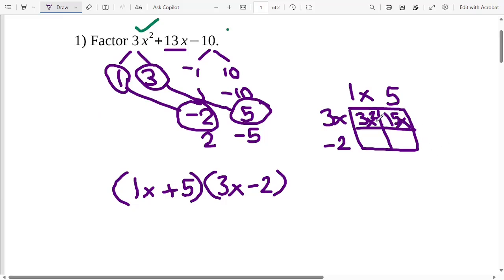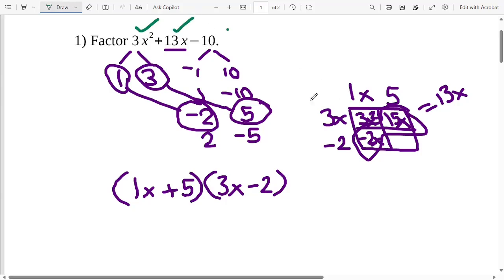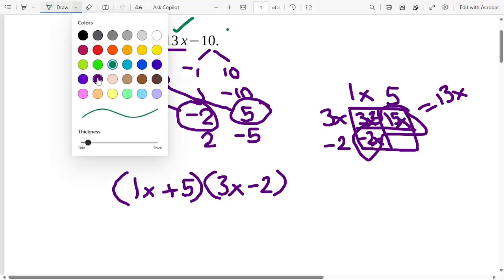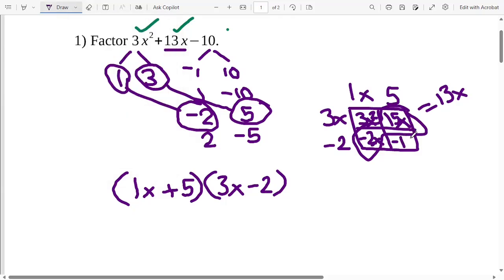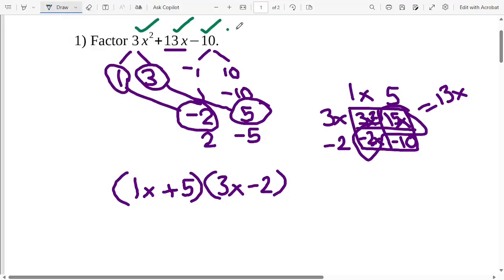So we got a 15x there. 1x times negative 2 is negative 2x. If I add these together, I get 13x. So that checks out for my middle term. And negative 2 times 5 is negative 10, which is going to check out for my last term. So we factored that one correctly.